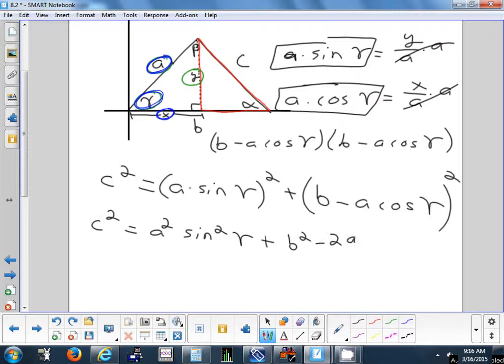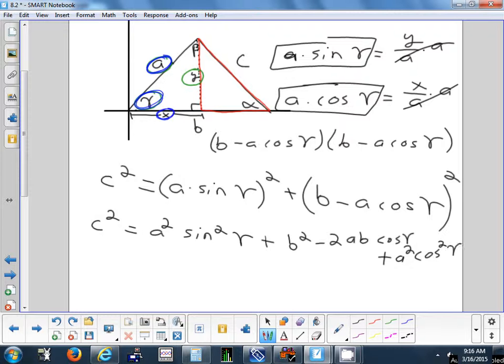Yeah, we'll do it in alphabetical order. So negative 2AB cosine gamma. Good. And then the last part, negative A cosine gamma times negative A cosine gamma. Well, negative times negative is positive. A times A is A squared. And cosine times cosine is cosine squared.